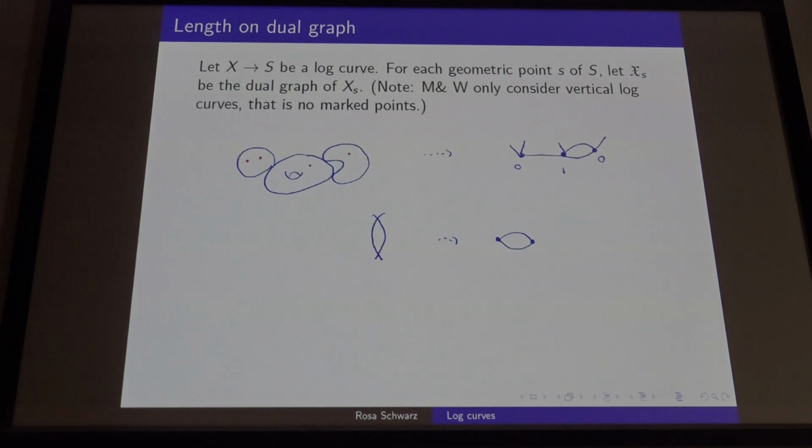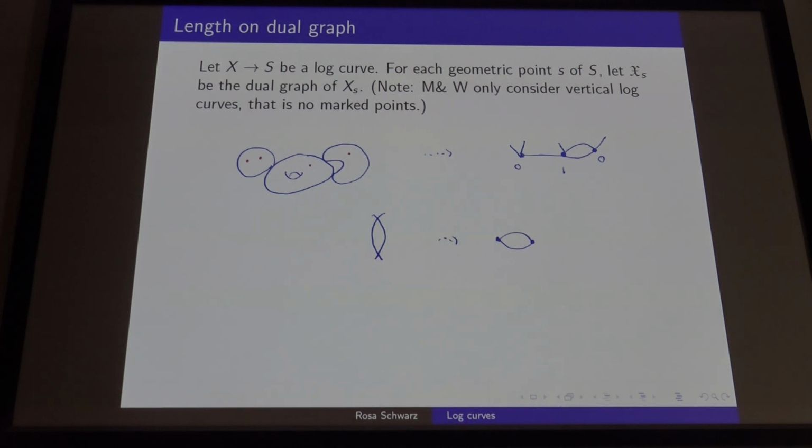Right now we can, if we start with a log curve, for each geometric point, let X_s be the dual graph. This is what taking the dual graph of such a curve would look like. I discussed that log curves now look like marked nodal curves, so that's what I've drawn. The first one I still tried to draw complex, and the second one I stopped.